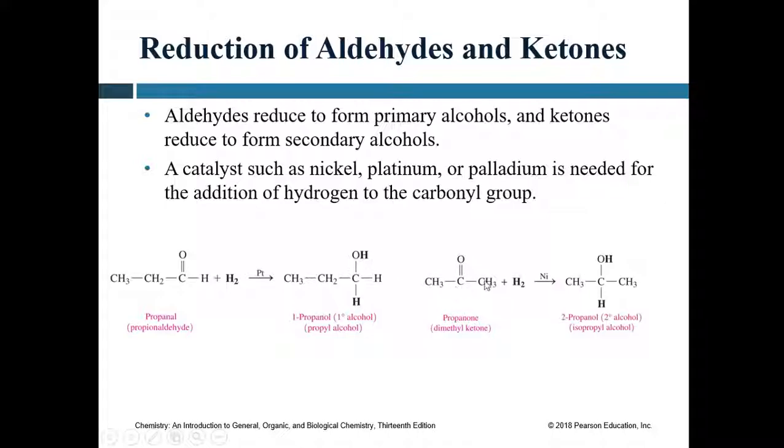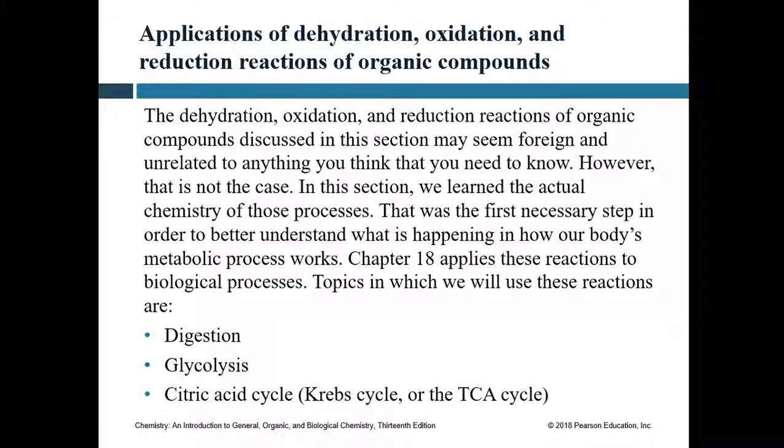Whereas a ketone, when it gets reduced, remember the addition of a hydrogen here and a hydrogen there across the double bond of the carbonyl group, then we get ourselves an alcohol. And what kind of an alcohol? A secondary alcohol.